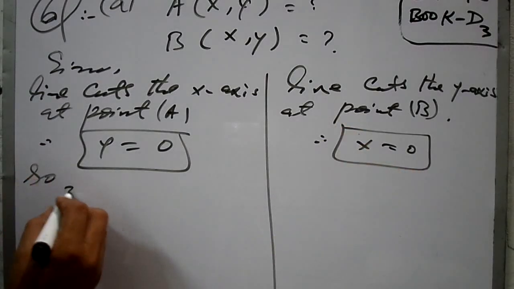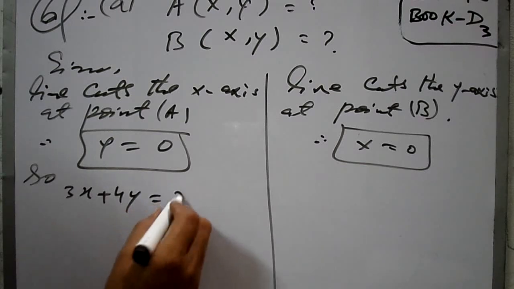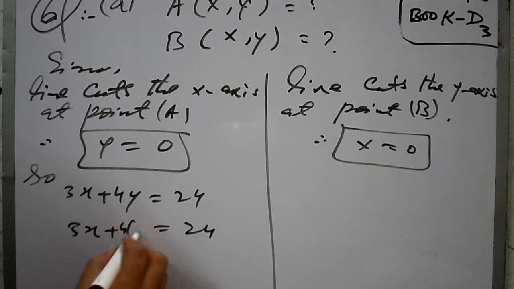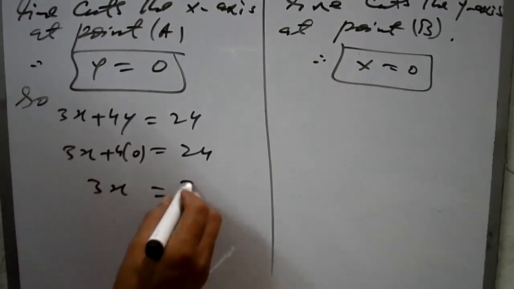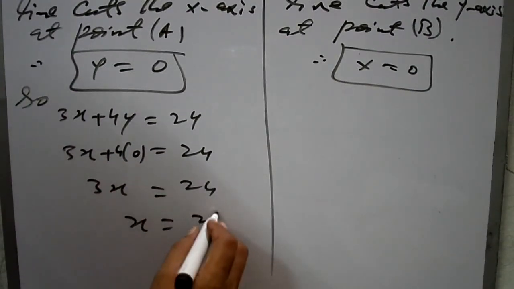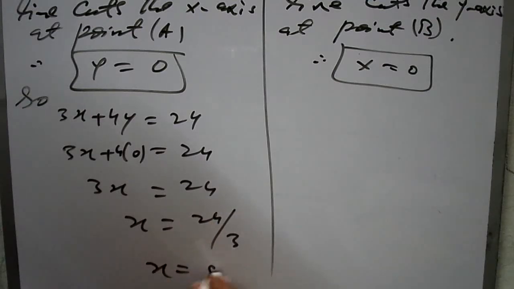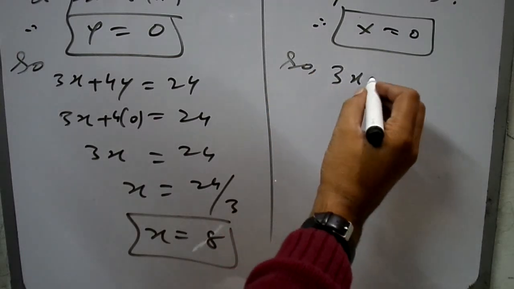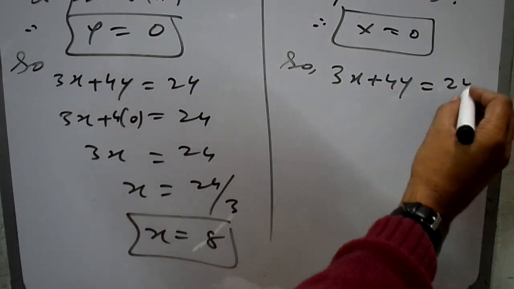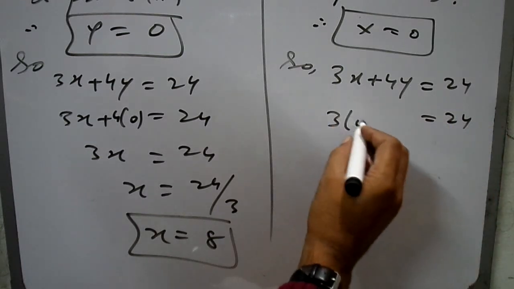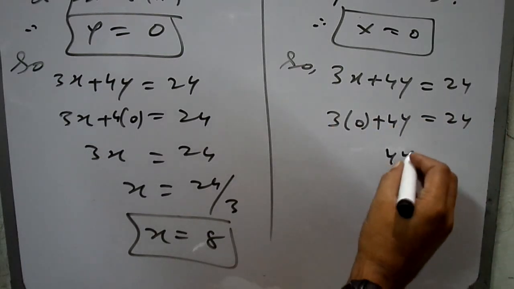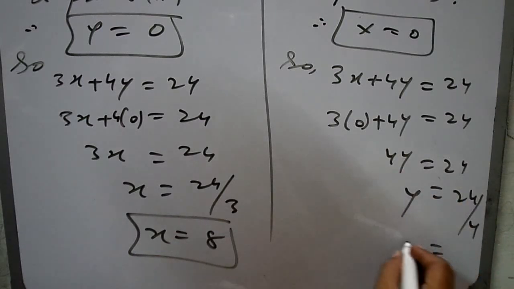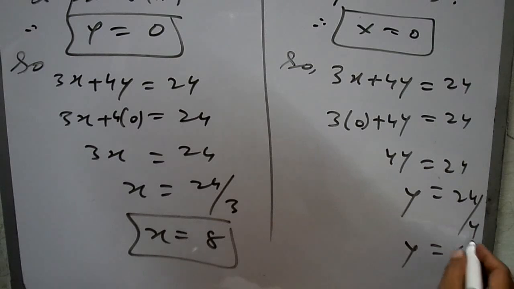So the line 3x plus 4y is given to us. Putting the values, y is 0, so the value of x is 8. Similarly, the line is equal to 24, so now we have to put x as 0, so the value of y is 24 divided by 4, so the value of y is 6.